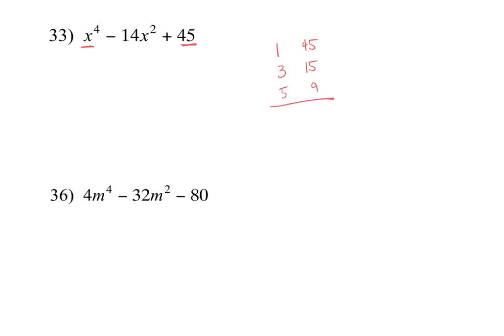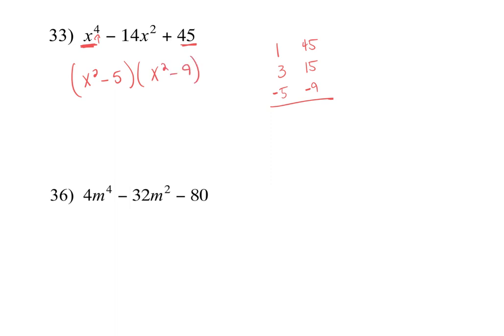Those are going to multiply to give you 45, and if they're both negative, they will add to give you negative 14. Remember, you started with a 1 in front, so you actually have your answer here. But instead of x, I'm going to cut this in half. It's going to be x squared minus 5 and x squared minus 9.